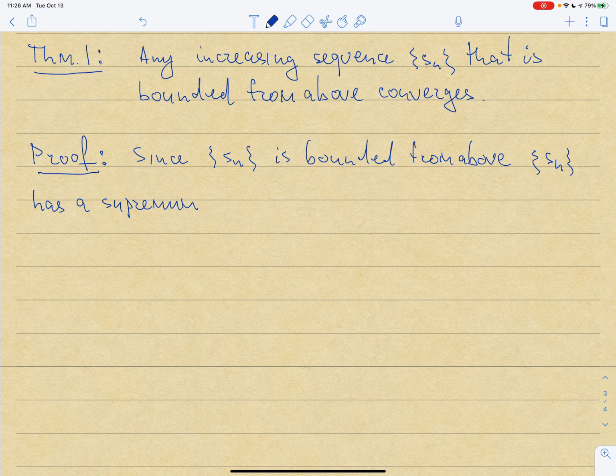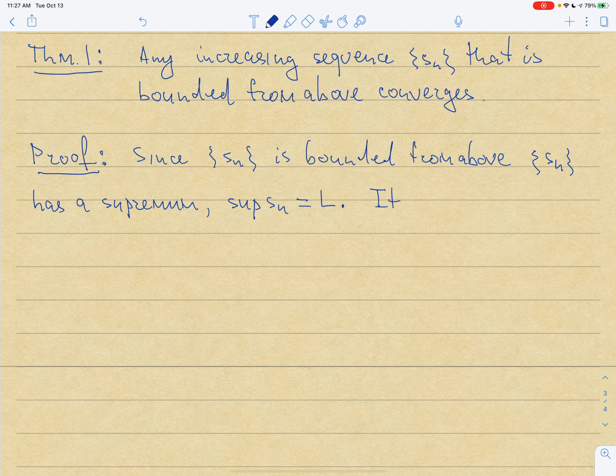And I'm going to denote this supremum maybe by L. Supremum of Sn is equal to L. Okay, so then what do I know?